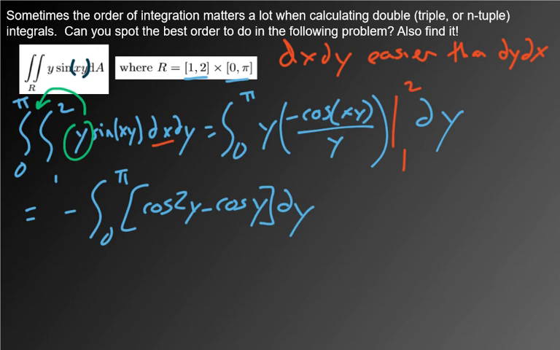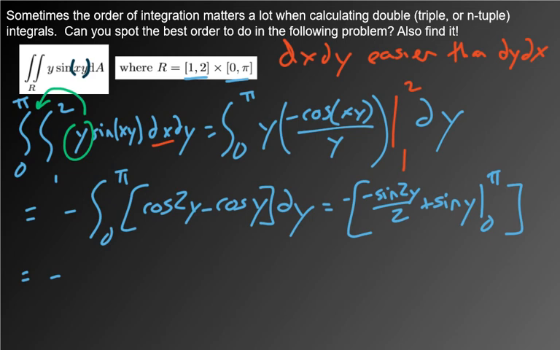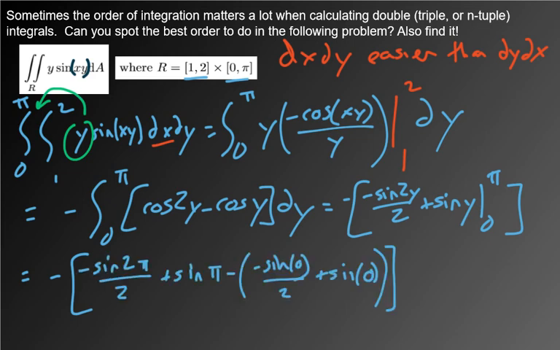So if you do that, you would get this. And then you can just go and evaluate all of that. And if you just plug in pi and 0, you will get this. And you've got sines of multiples of pi. And so literally all those are 0. And so this thing equals 0.